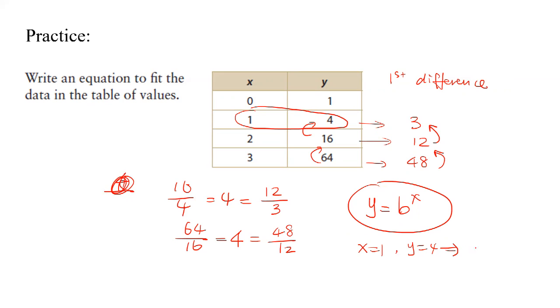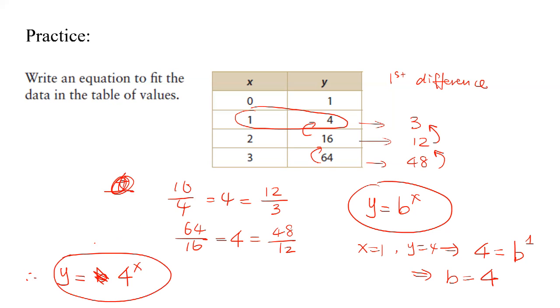That means 4 equals b to the power of 1, so b is 4. So this data can be modeled using the function y equals b to the x, where b is 4. So y is 4 to the x power.